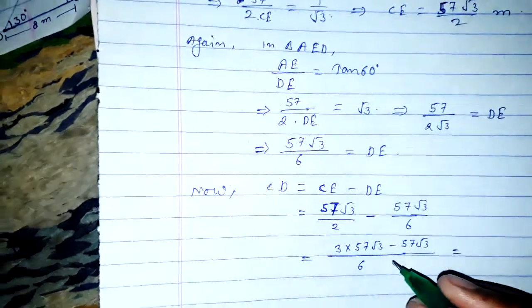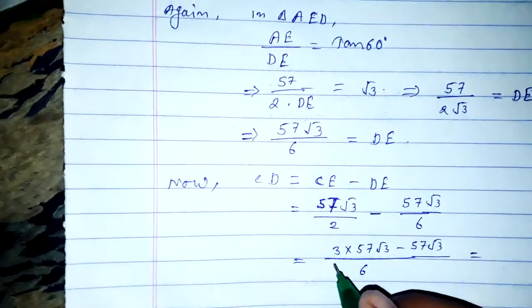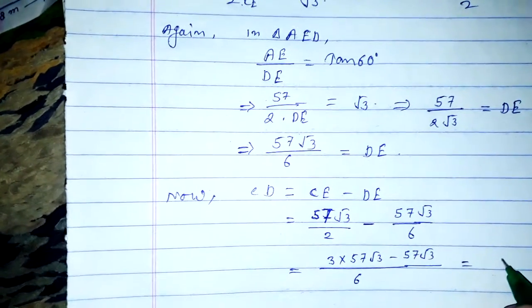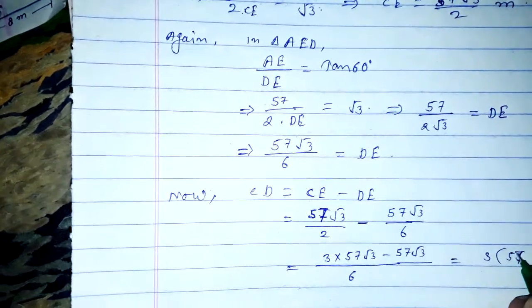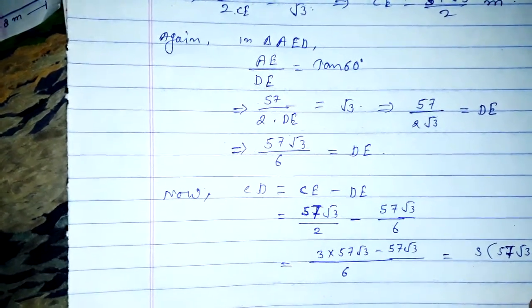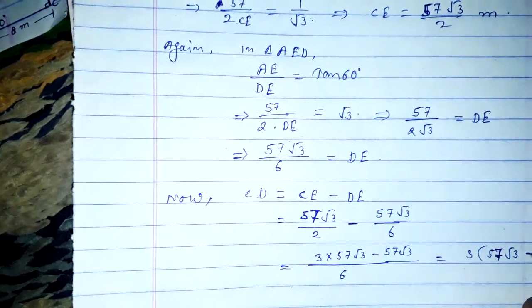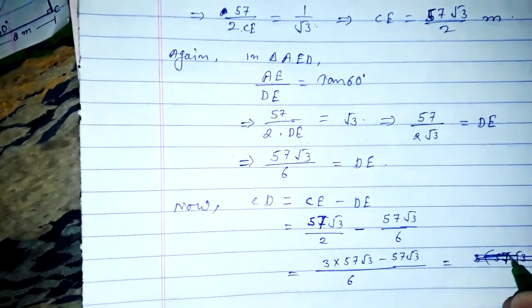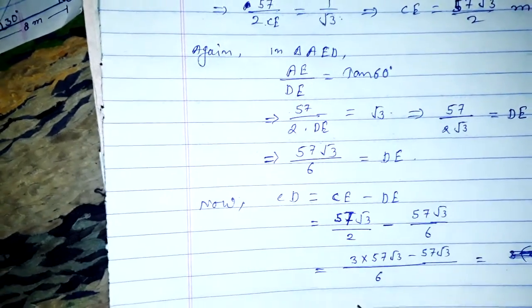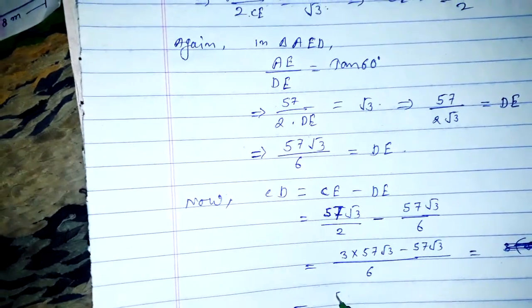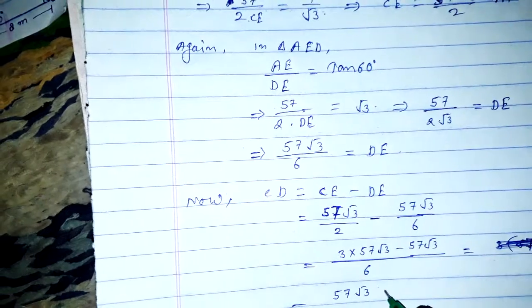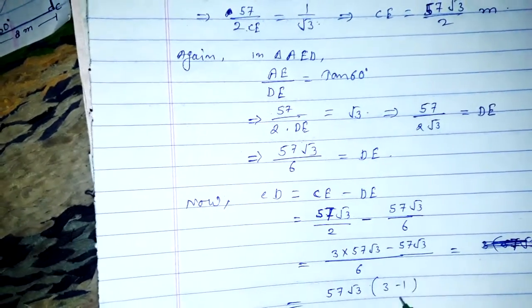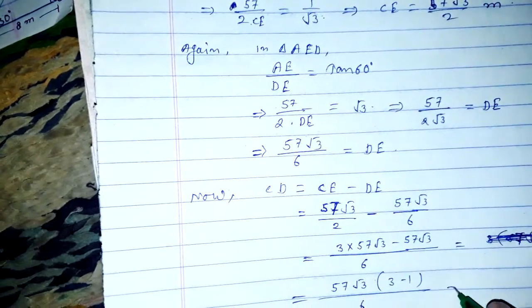So subtracting here, 3 minus 1 is 2, upon 6.